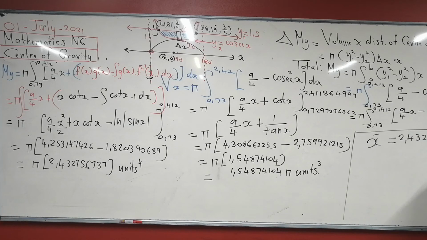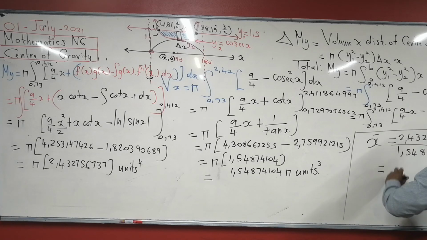units to the power 4, all divided by your volume 1.54874104 pi units cubed. You can see pi and pi cancel. You don't even have to type it out. So that's divided by 1.54874104, and we get 1.571 units.